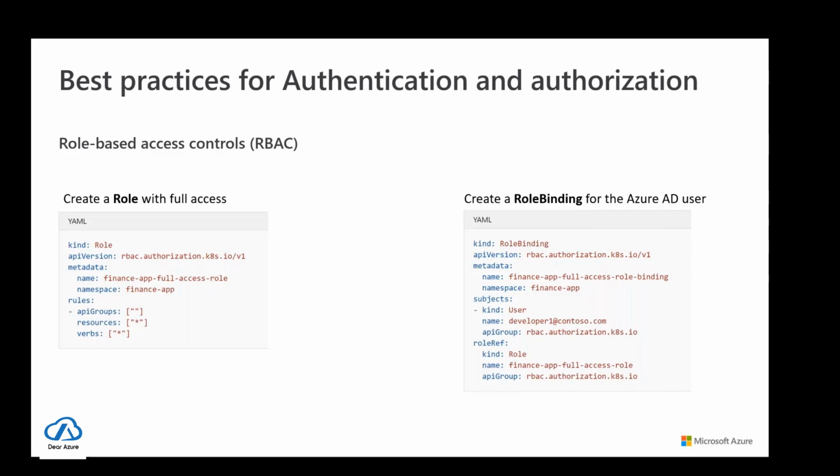And on the right-hand side, you see the role binding that is created to bind that Azure AD user in that namespace with a specific level of access. In this case, full access to the finance app namespace. Okay, so this is a role-based access control along with the role binding.